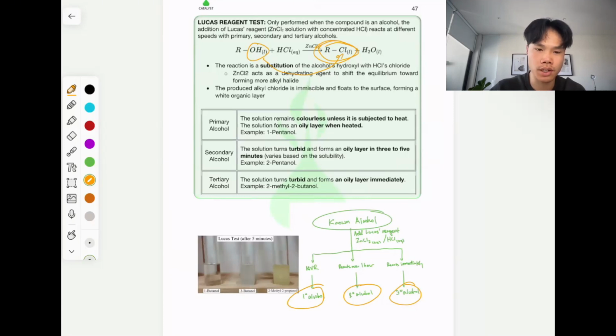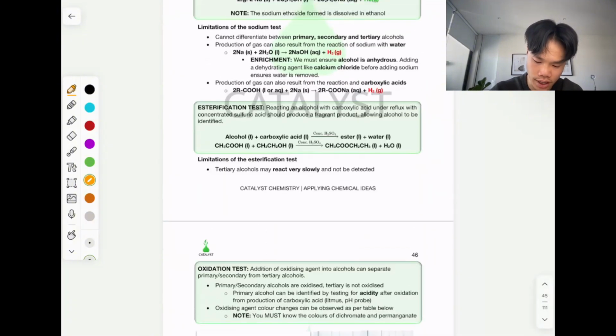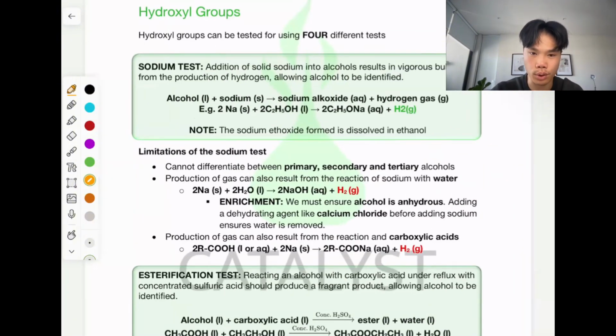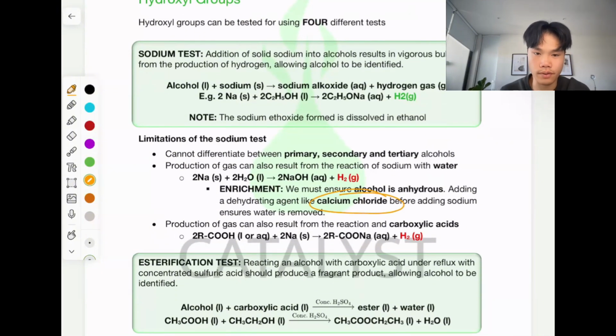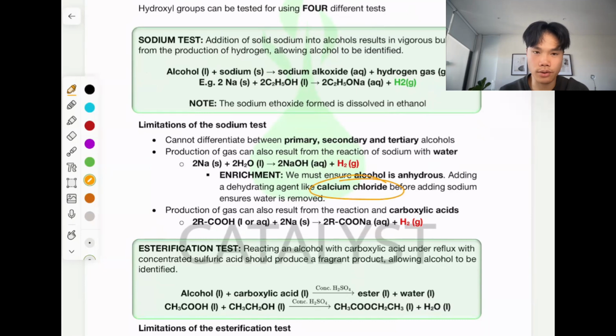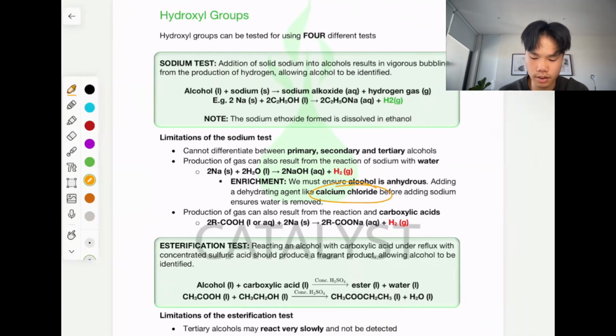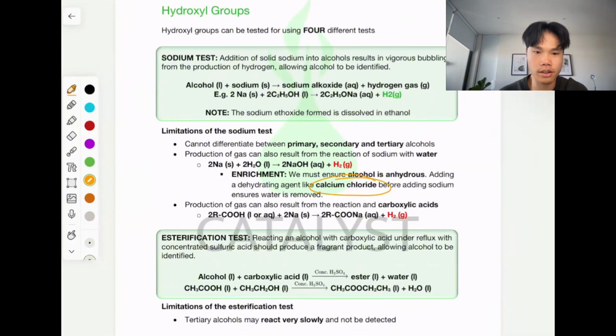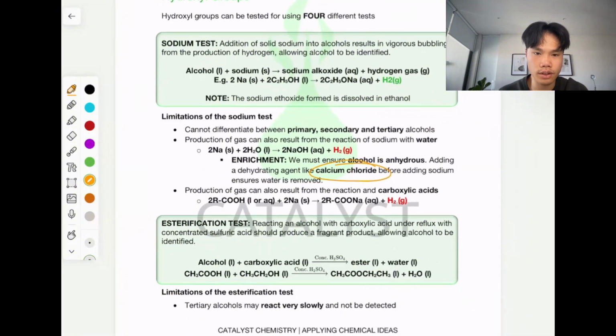I would use the sodium test, keeping in mind that it can give false positives with a carboxylic acid or with water. So you need to have a dehydrating agent when you use it, like calcium chloride, to be really thorough. So I would use the sodium test to confirm the presence of an alcohol, but being aware that there are false positives that can come about. Right. Thank you.